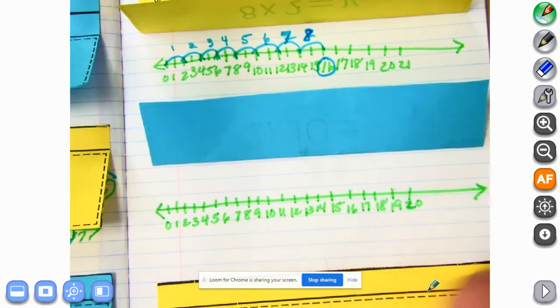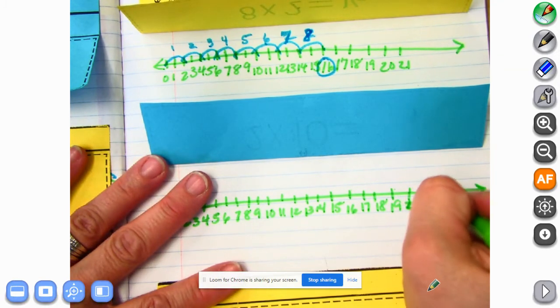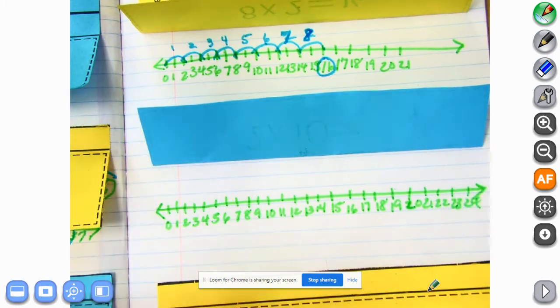Let's just stop there and see if that's enough. Well, let me finish the rest. 21, 22, 23, 24.